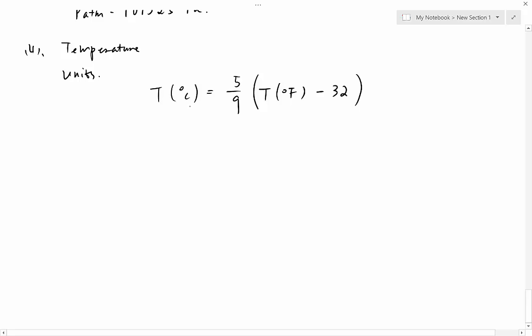And then how do you convert Celsius to Fahrenheit? 9/5 multiplied by temperature in Celsius and then plus 32. And the last one, how do we convert Celsius to Kelvin? This one is very straightforward. You just add 273 to Celsius, and then you will find the temperature in Kelvin.